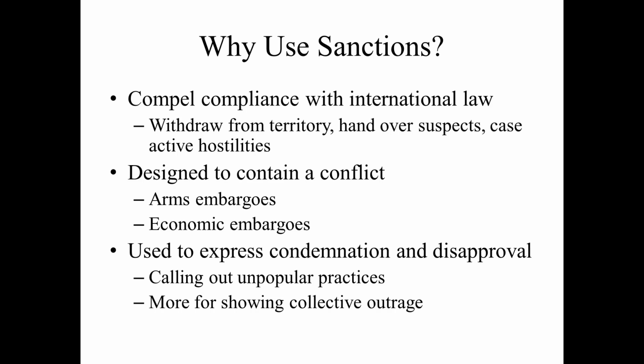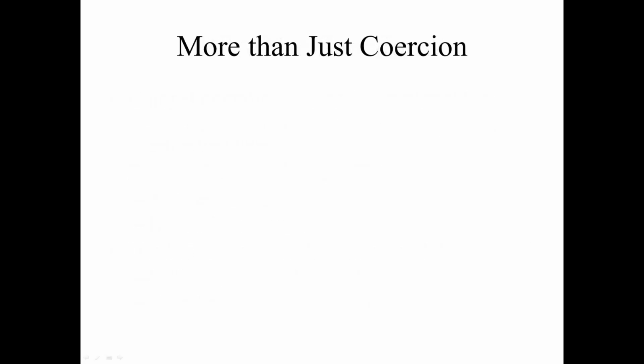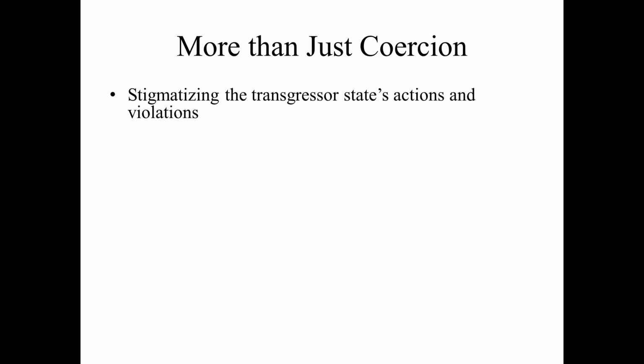So sanctions certainly come in all sorts of varieties. They come in different elements of severity, right? But sanctions are, if nothing else, a way of showing international displeasure with what one country happens to be doing. And so sanctions are more than just coercive politics, right? Sanctions can be imposed for a number of purposes. One is, as I've just mentioned with Austria, simply stigmatizing the transgressor state's actions and violations.